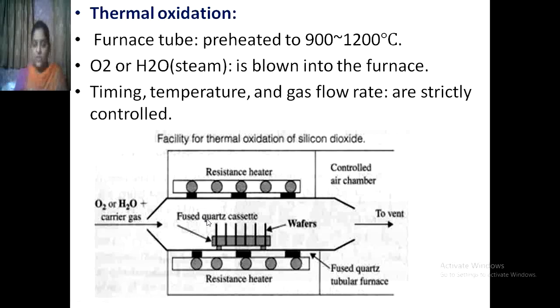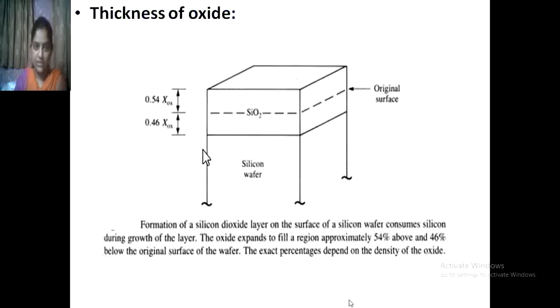In this figure, what we observe here is that O2 or H2O, that is steam, as a carrier gas, enters here, and on one side there is an opening. There are fused quartz cases, and the vapors are there. It is a resistance heater which maintains the internal temperature, and the fused quartz tubular furnace is used, which is preheated to 900 to 1200 degrees Celsius.